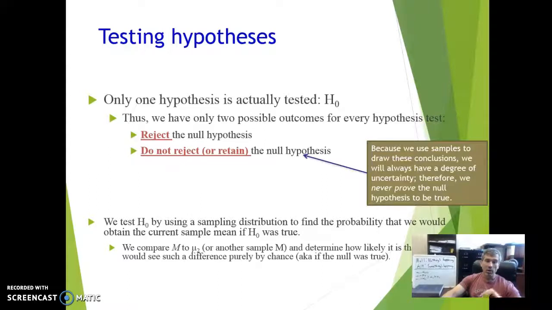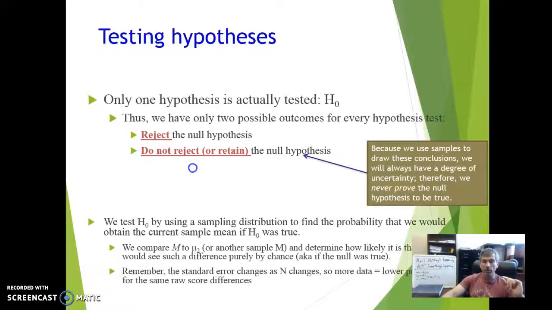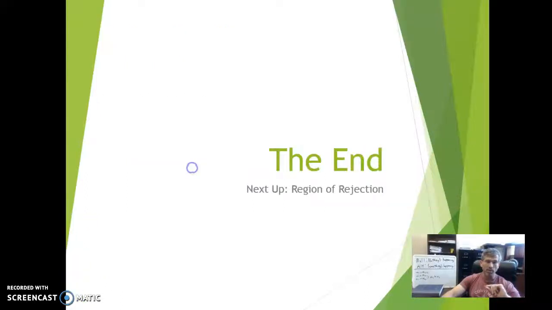So we compare the mean of a sample, which represents population 1, to the mean of a population, or oftentimes another sample mean, and we calculate that probability. How likely is it we'd see a difference like this purely due to chance if the null was true? One thing to keep in mind, the more people you measure, the more the standard error gets smaller and smaller. We'll see that when we start calculating these actual hypothesis tests.